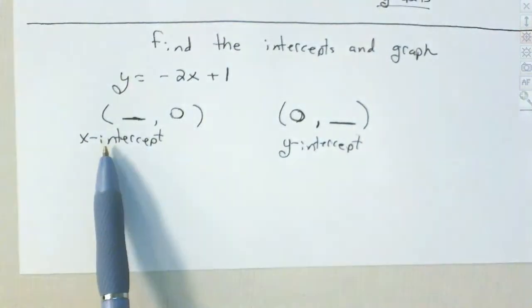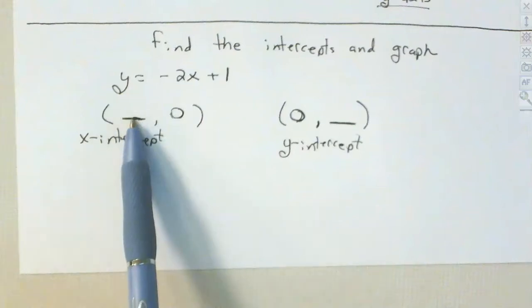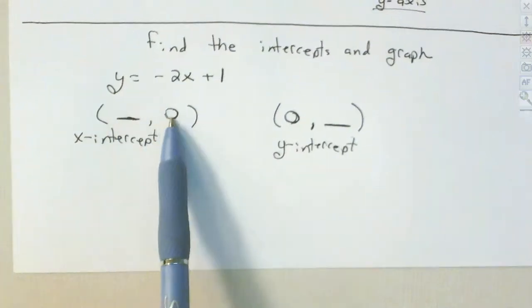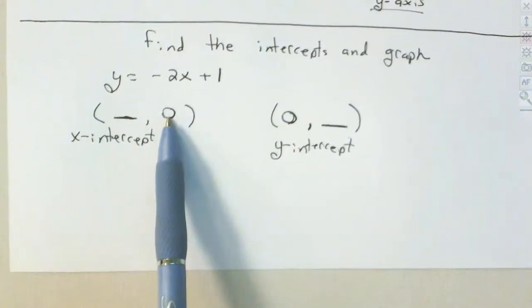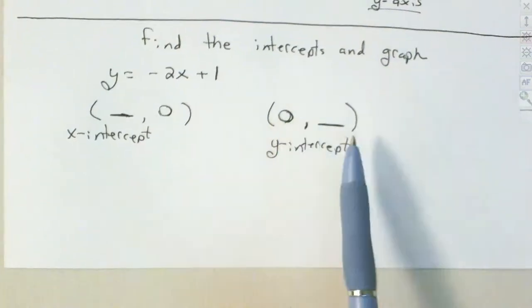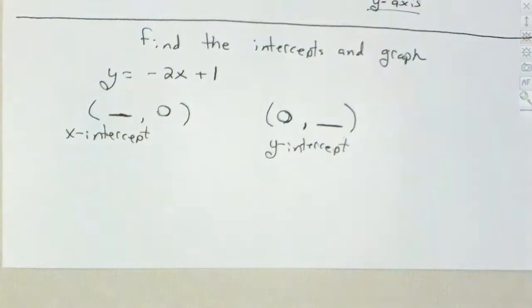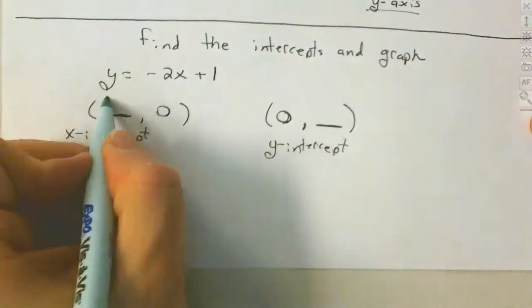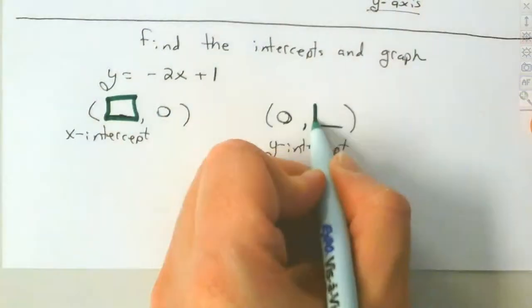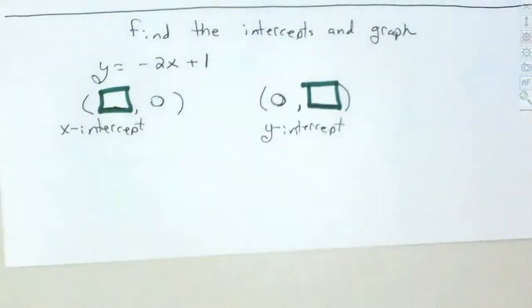So the x-intercept, and they're always like this, the x-intercept is some number, y is going to be 0. The y-intercept is x value is 0, and we have to find the y value. Now, we have done these before. We just did this a moment ago. We plug the values in and we find the missing part.